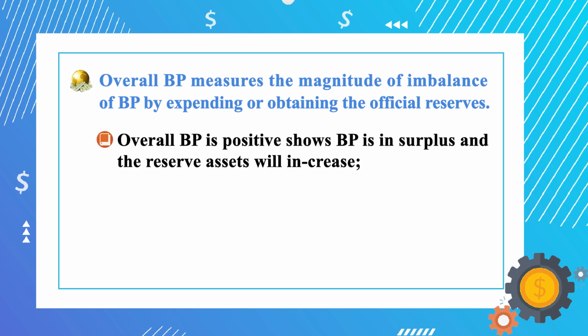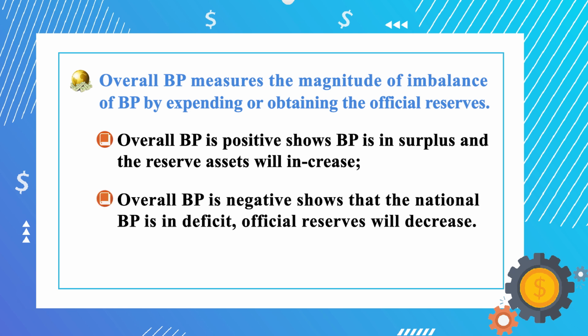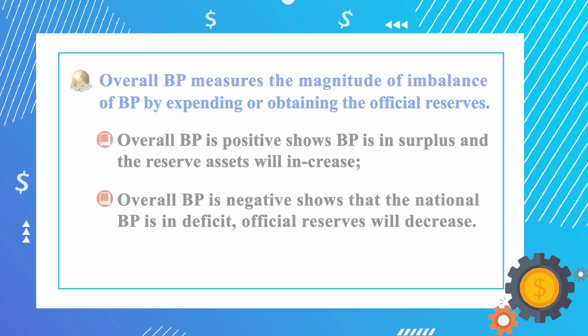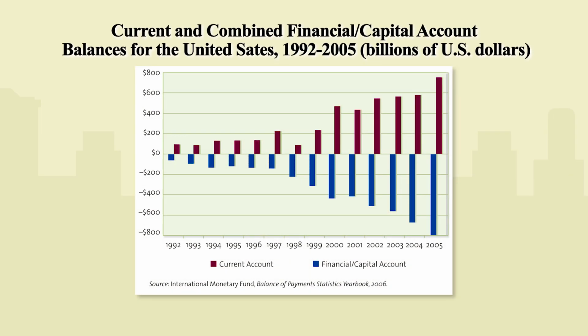When the overall BP is positive, it shows that BP is in surplus, and the reserve assets will increase. When the overall BP is negative, it shows that the national BP is in deficit, and official reserves will decrease.